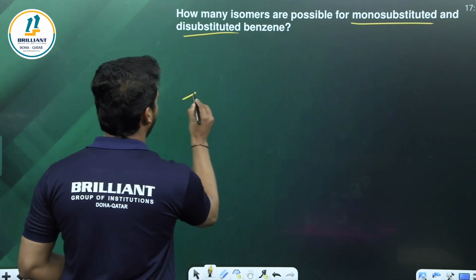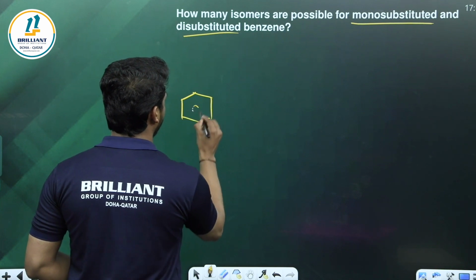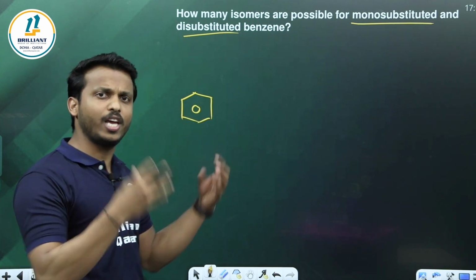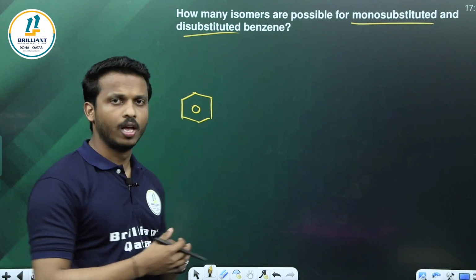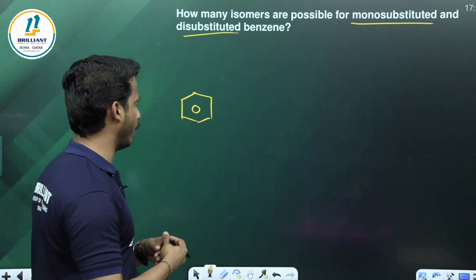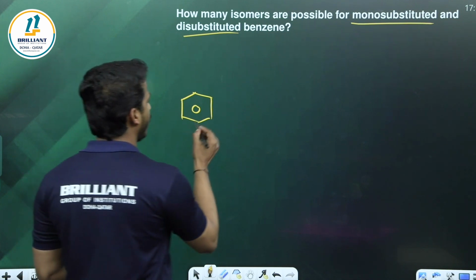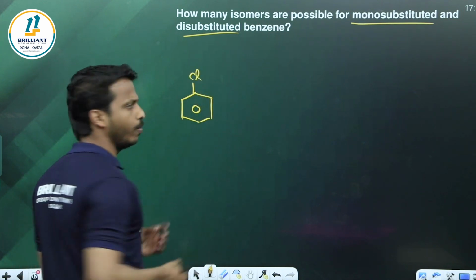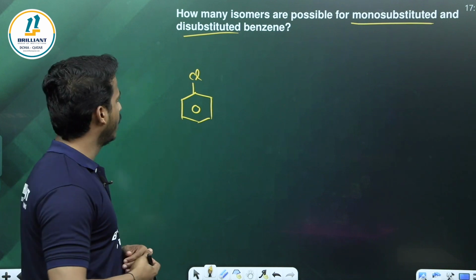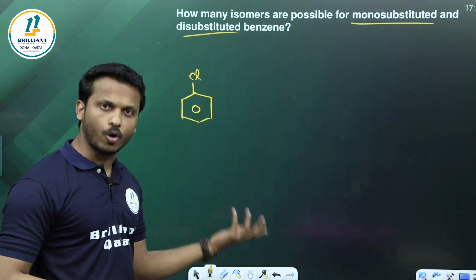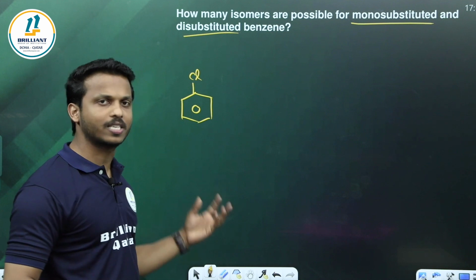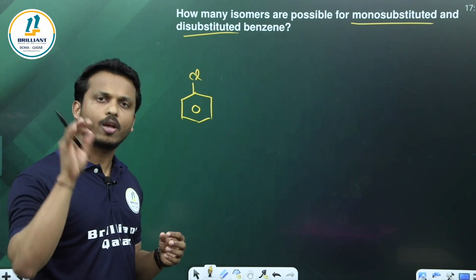Let's see. Let me take benzene first. Suppose I am going to place any group. They didn't mention which group. Let me put chlorine. I am going to substitute chlorine. Where can you place chlorine? I can place one chlorine here, and you can call it chlorobenzene. Even if you place it here also, it's chlorobenzene. On any of the 6 carbons, if you place one chlorine, it will be chlorobenzene.